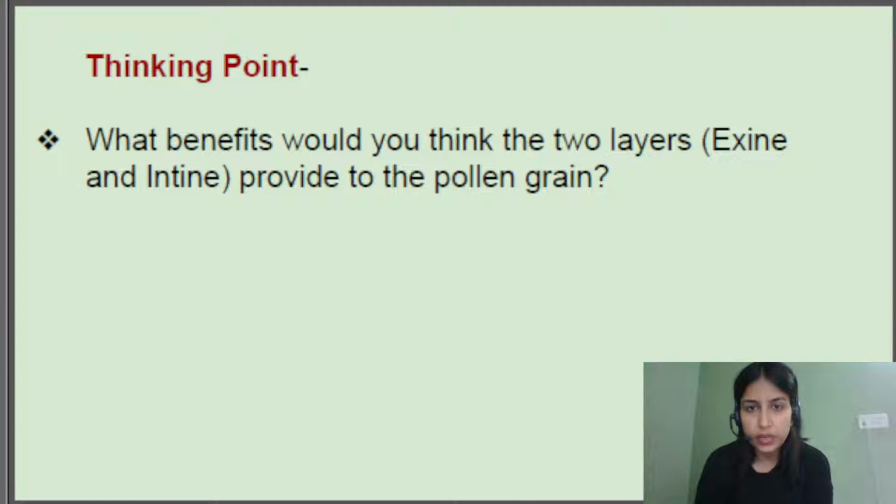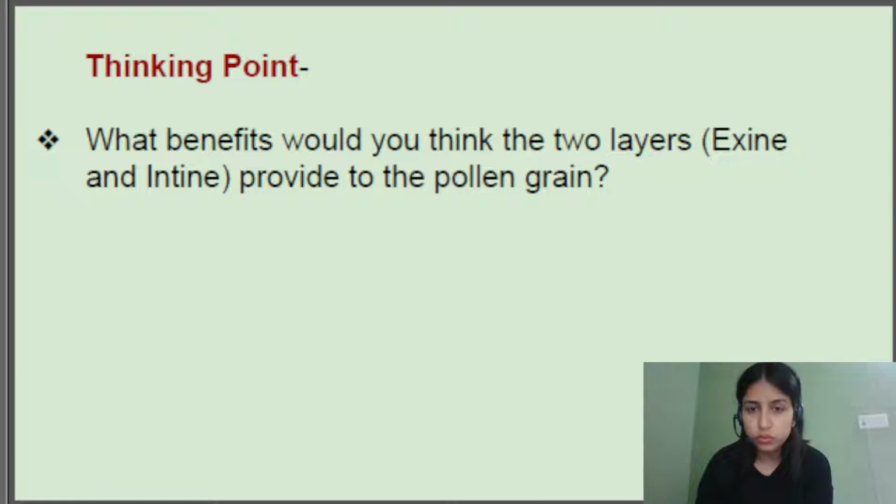Yes. So the exine and intine, we have just discussed that exine is the protective layer that is present outside the pollen to protect it from the harsh and rough environment outside. And intine is basically the layer that is responsible for the pollen tube formation when it is required by the pollen, because pollen needs to germinate when it reaches the stigma of the desired flower, the flower where it is supposed to germinate.